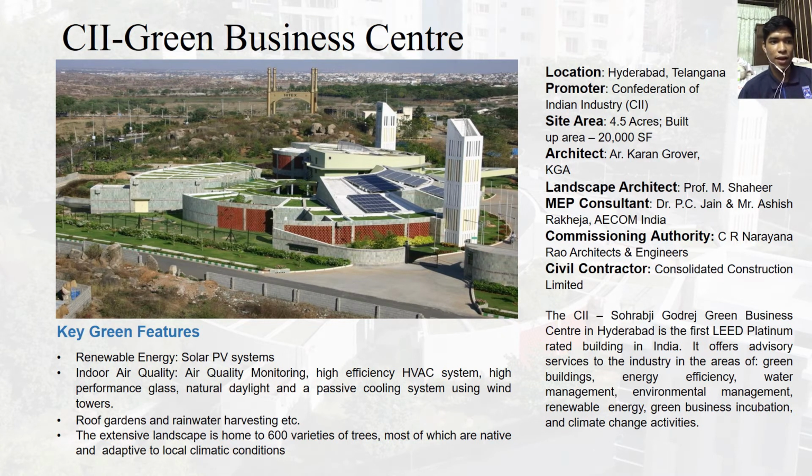The extensive landscape is home to 600 varieties of trees, most of which are native and adaptive to the local climate condition. The trees chosen for this building are the most adaptive to the local climate, so the trees are not damaged and can contribute more benefits to the surroundings.